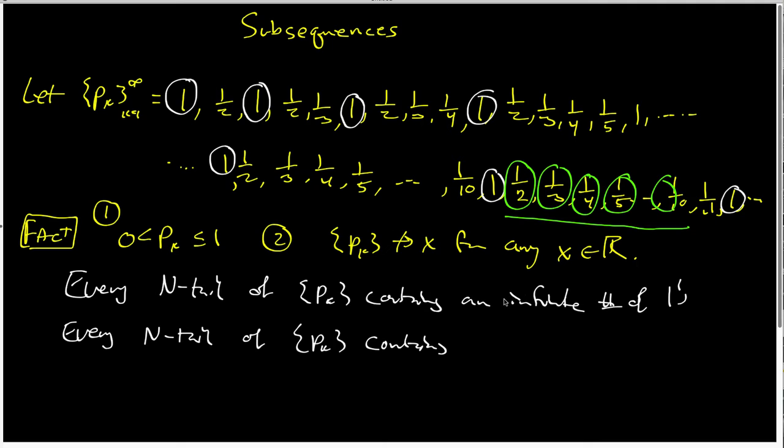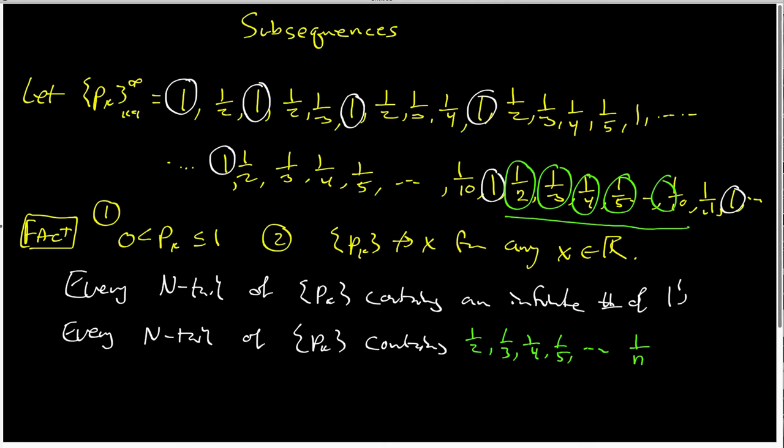We're always going to contain a sequence that looks like 1/2, 1/3, 1/4, 1/5, and you can make this go down to whatever end you want. And this would be kind of indicating that we would be looking at 0 as a possible limit.